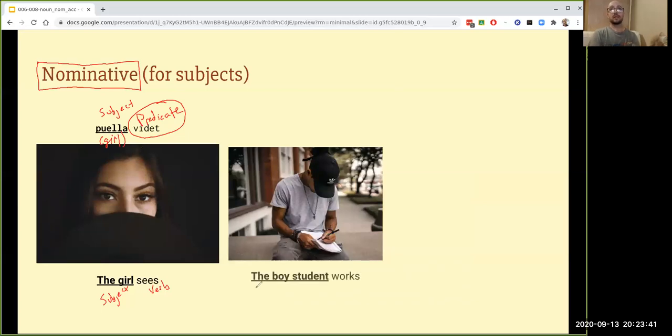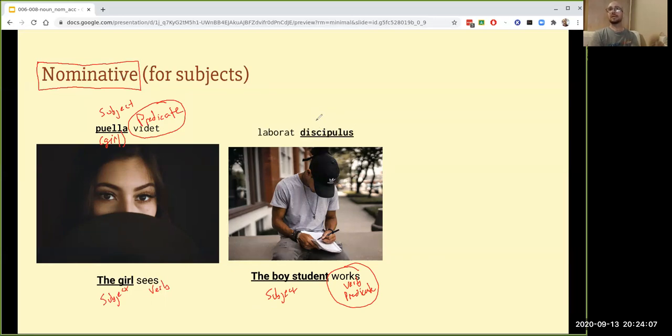Here, you'd say that the boy student works, where the boy student is our subject, and works is our verb and is the whole predicate all by itself. For the particular Latin word that means boy student, its nominative sounds a little different. And notice in this sentence, it comes second.